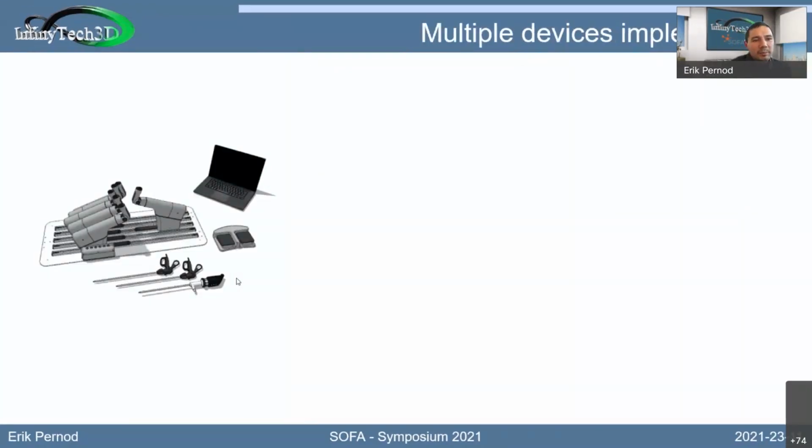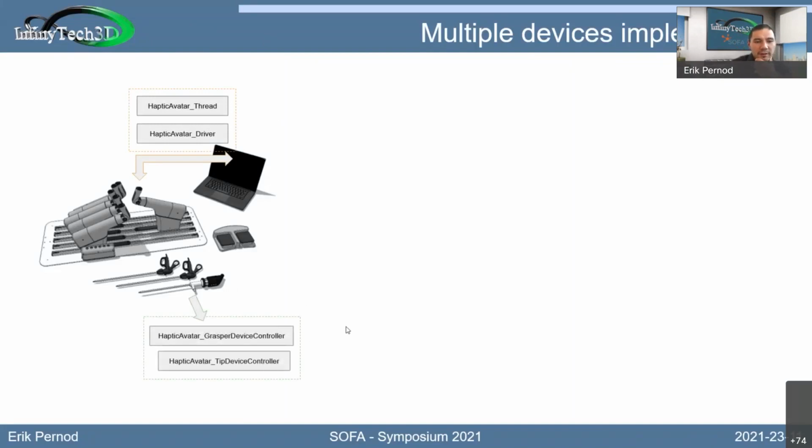And as I just described before, the idea of Follow Haptics is that you can combine different types of device at the same time. So how do we do that in SOFA? The idea is that we have created a plugin to handle the device, where its own haptic device thread is created, running at 1 kHz. For each type of tool, we have a different component in SOFA that will handle the different articulations and also the possible interactions.